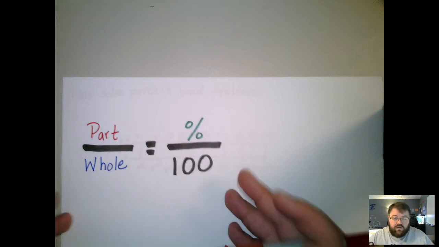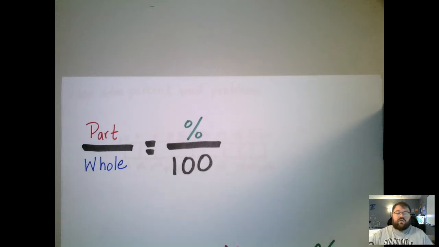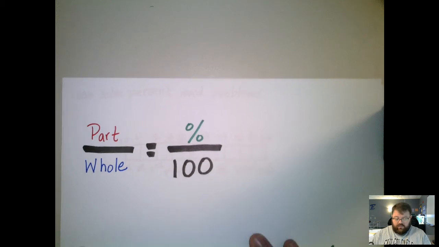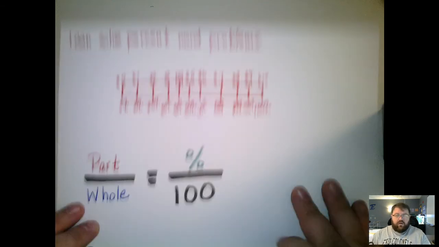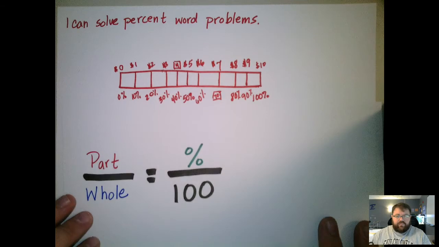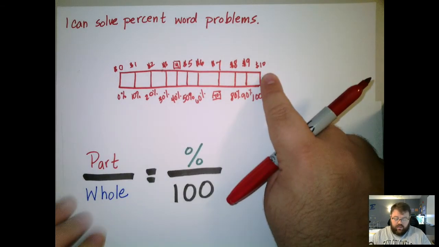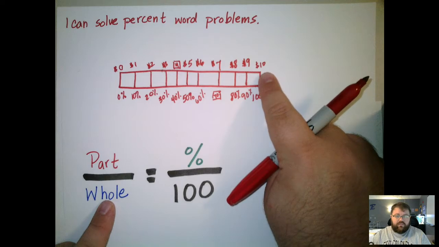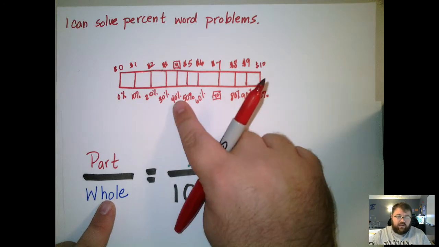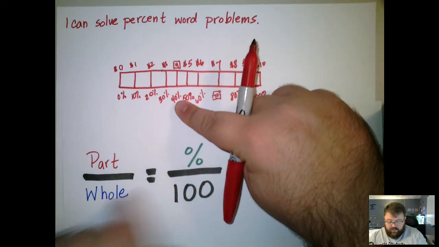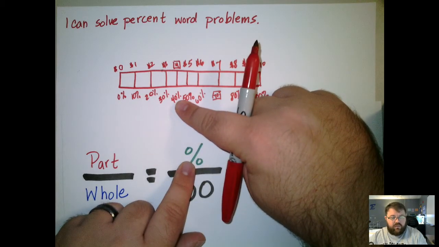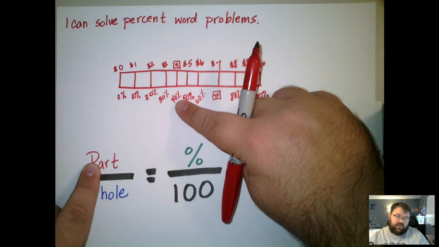So for this particular equation, we are going to talk about in relationship to our bar. 10 is the whole thing, so it would go here. If I ask you what 40% of 10 would be, you would replace it with the percent. The part is the missing piece.